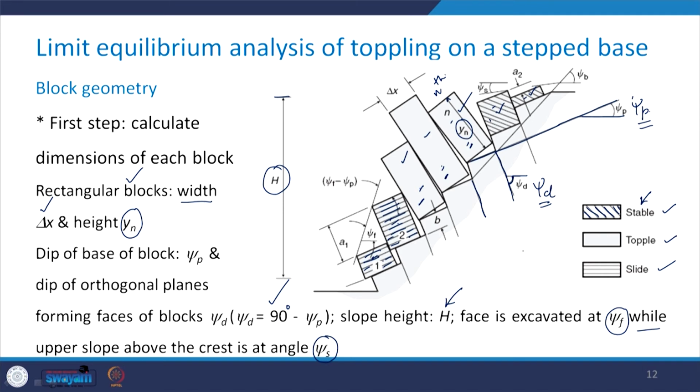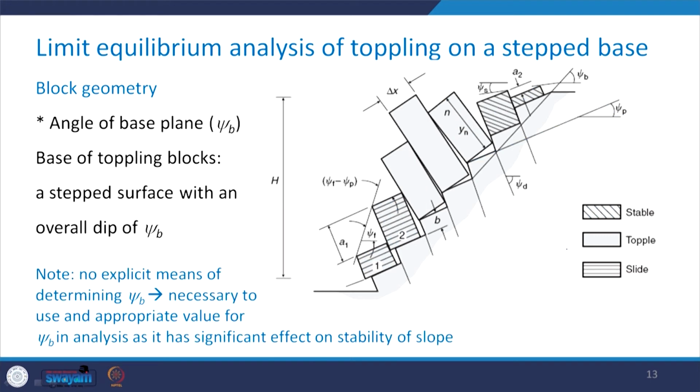So, you see that it is something like this. This is psi f and this portion here is psi s. The angle of the base plane is represented by psi b.